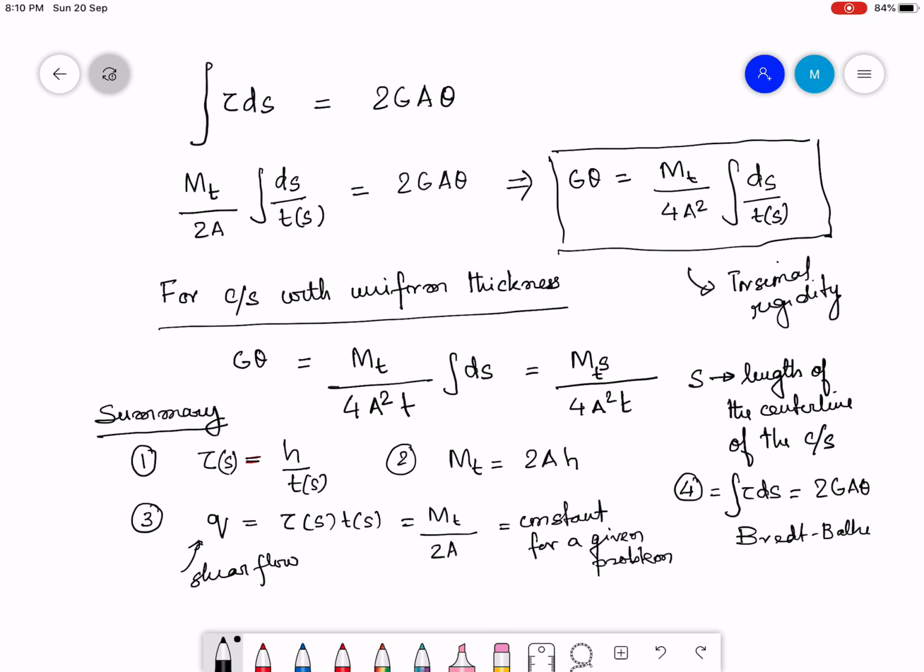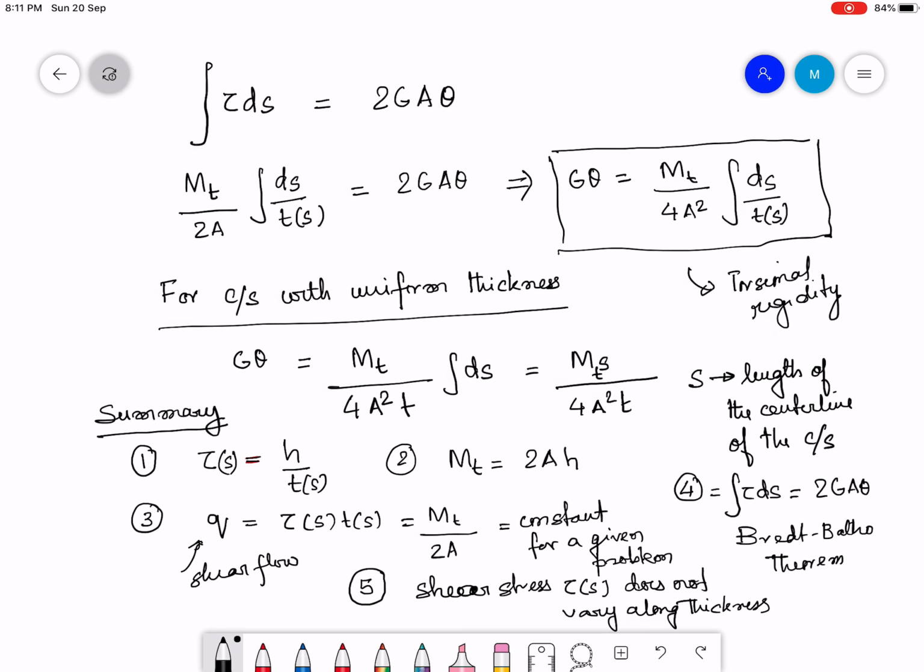And the fifth is that the shear stress tau_s does not vary along the thickness. So these are the five points that can be thought of as the summary of what we have done.